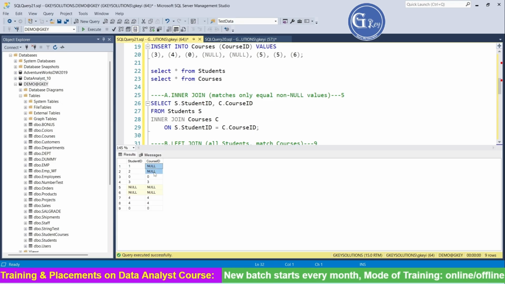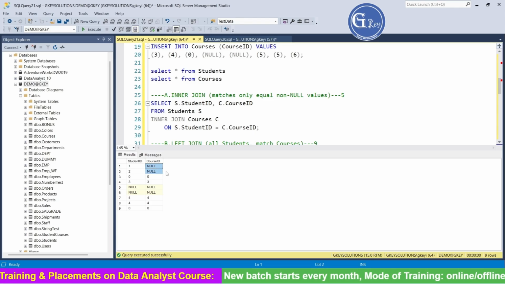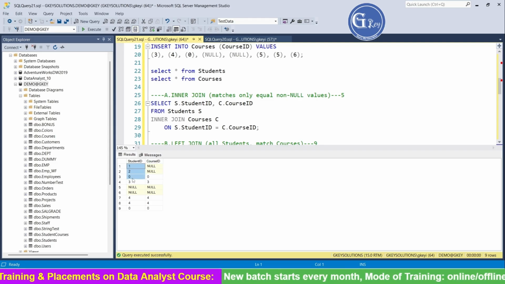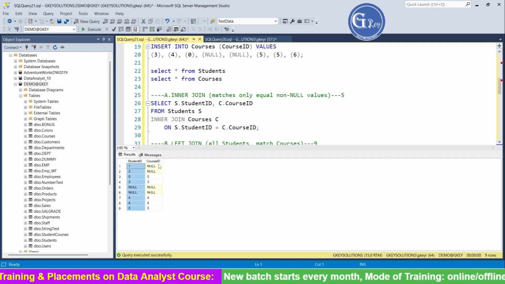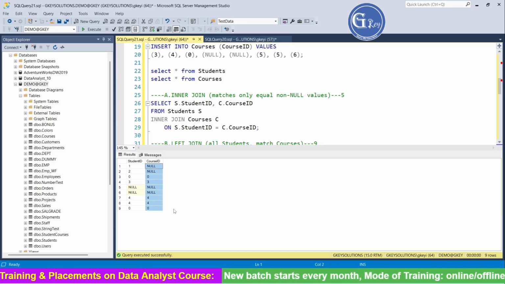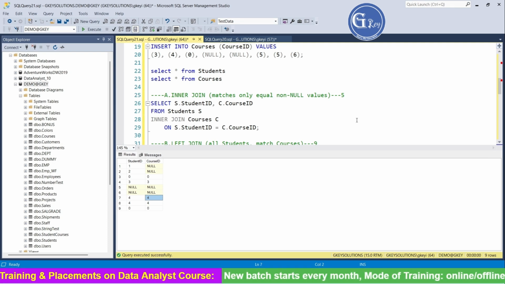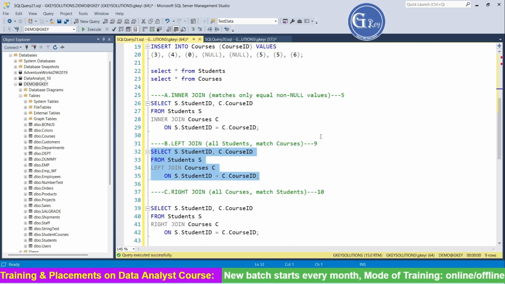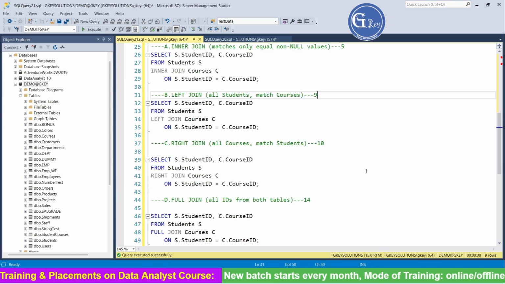Here for student ID 1 and 2 there is no matching record, that's why it has given null values, and it has taken all the rows from the left table. In such a way it has given the output. 9 rows it has displayed.